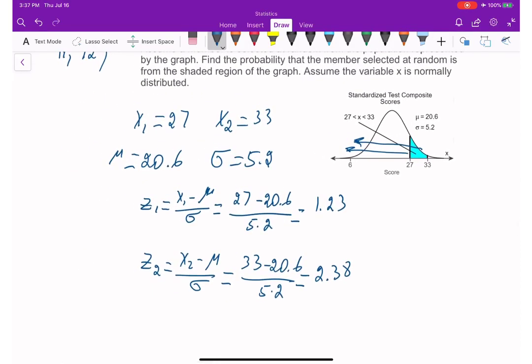Next, we need to find their probabilities. So probability for Z1 less than or equal 1.23 minus, or I might as well put the x values. Hold on.